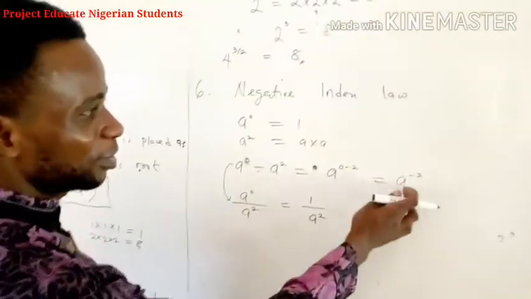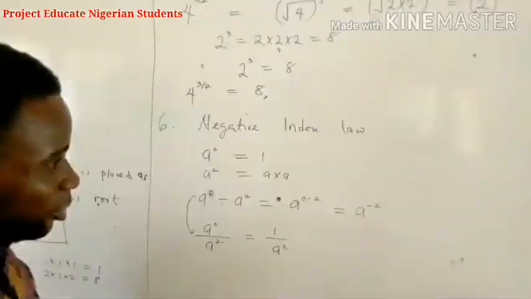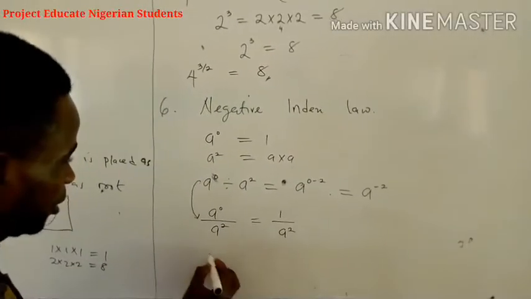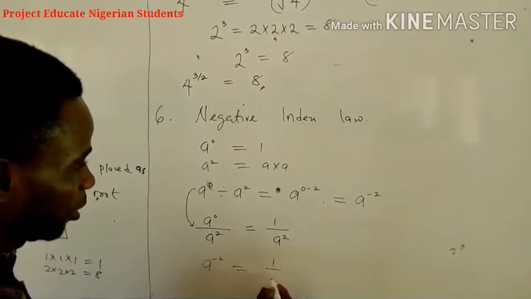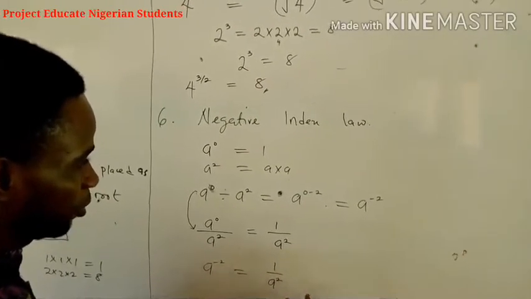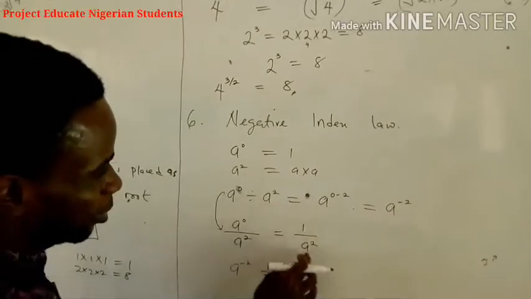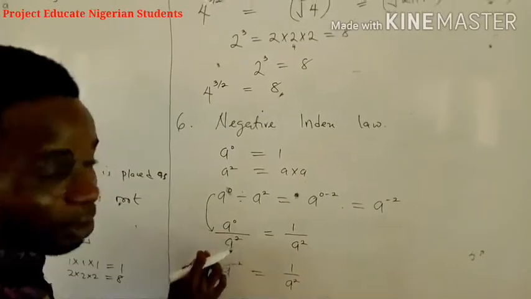So all we are saying is a raised to the power of minus 2 is equal to 1 all over a raised to the power of 2. The statements are the same.